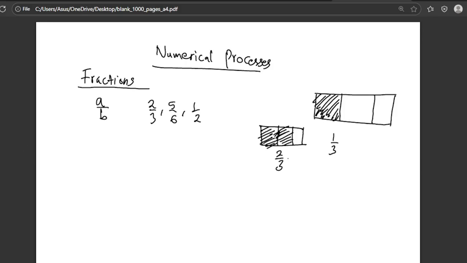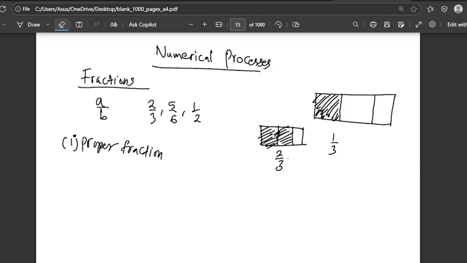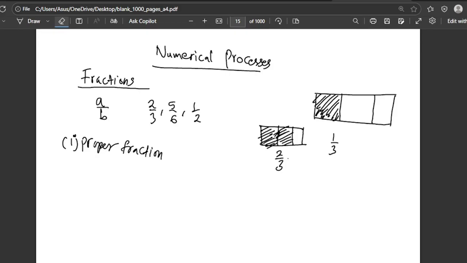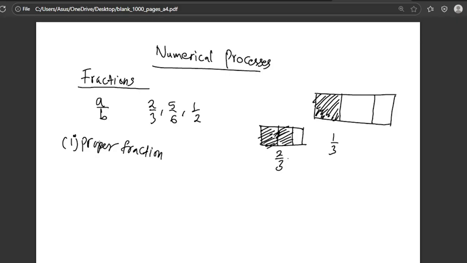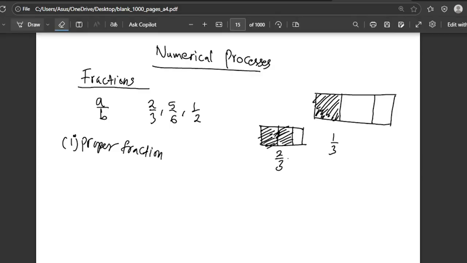Now, there are 3 types of fraction. The first is the proper fraction. Also, in a fraction, there are 2 parts.